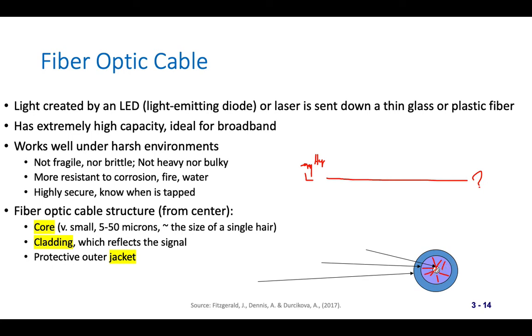That fiberglass can reflect the data inside. So if you send data and the data inside tries to go outside, even if it goes outside, it will reflect somewhere and come back again, like that. So it keeps reflecting.